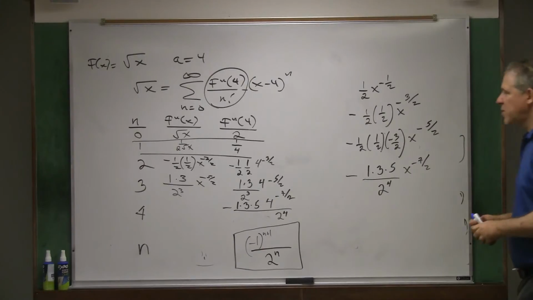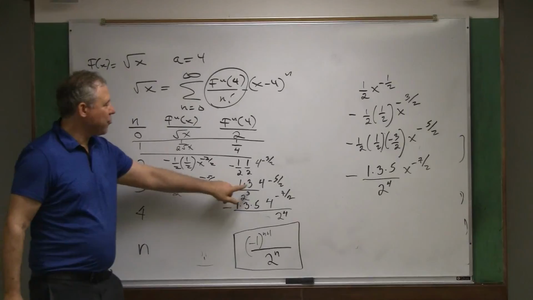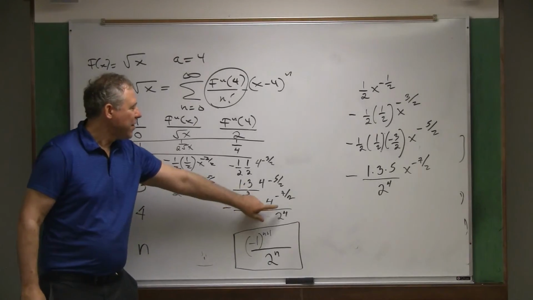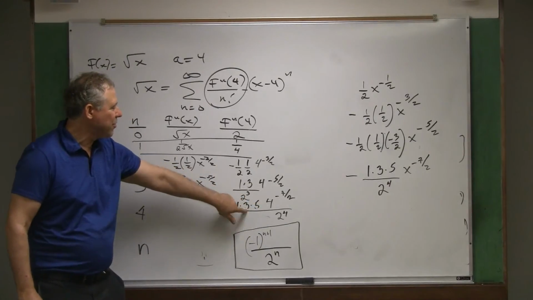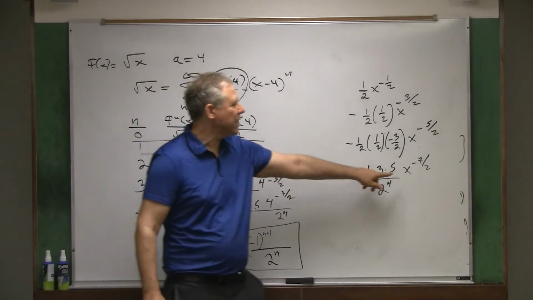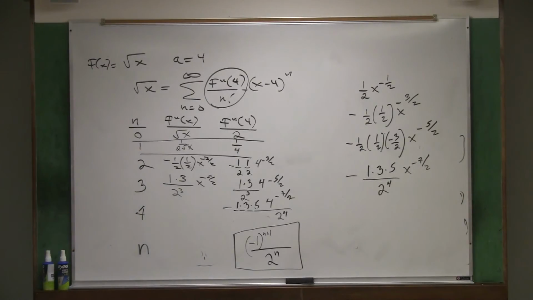Okay. So now, what are we doing? We're going 1, 3, 1, 3, 5. The next one is going to have a 7 when we differentiate. It's going to be a 1, 3, 5, 7 when we differentiate this. What are we doing? We're multiplying odds, right?